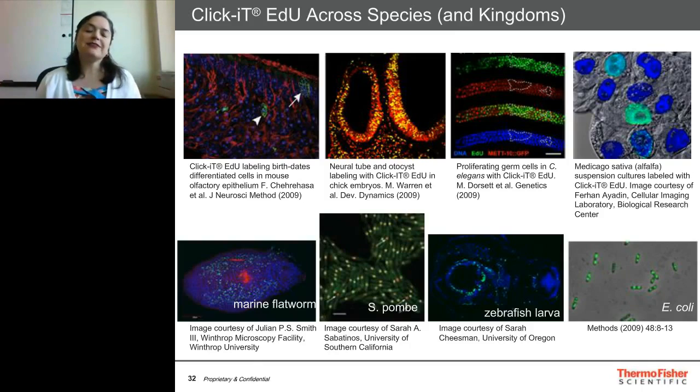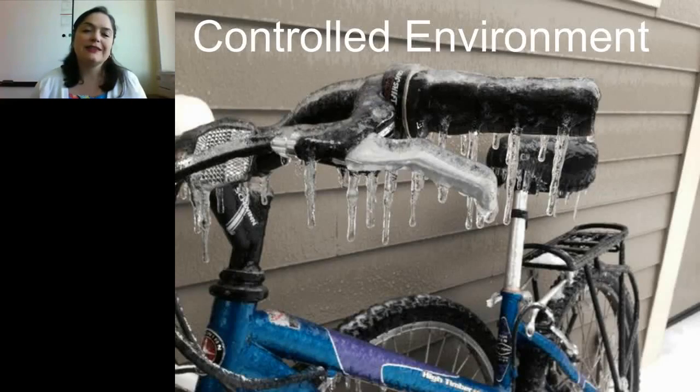So this slide is here to remind me to talk about once your cells are out of the incubator and you're putting them on the stage of the microscope to do your live cell imaging experiment, it can be a very harsh environment for cells.